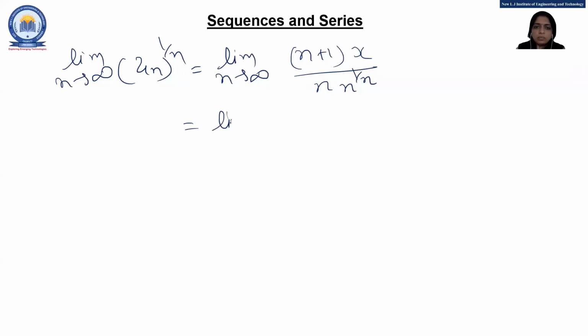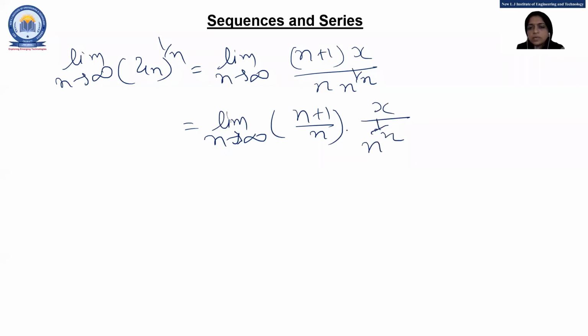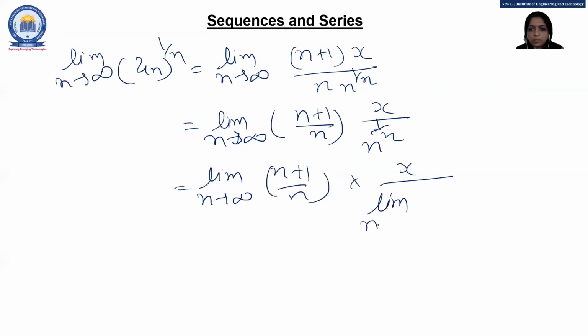If I apply the limit individually, this is limit n tends to infinity (n plus 1) upon n into x, upon limit n tends to infinity n raised to 1 upon n.